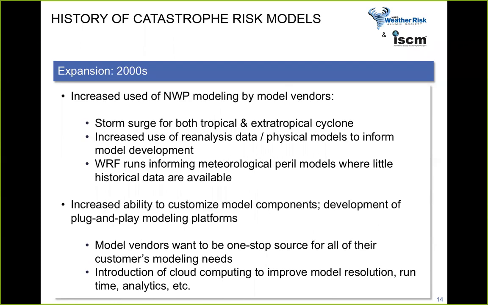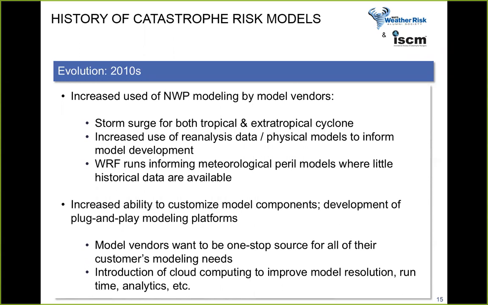Bringing CAT models up to today. Today, we're seeing a dramatic increase of numerical weather prediction modeling by model producers, particularly for storm surge for both tropical and extratropical cyclone. Statistical modeling and the resolution that you can do statistical modeling for wind is a little bit easier.